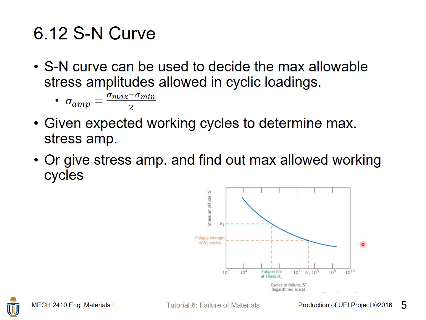The second is when the stress amplitude is given, and the maximum allowable working cycles is our point of interest. And here is an example of such an S-N curve. On the x-axis is the cycles to failure in log scale, and the y-axis is the stress amplitude. It is very straightforward.